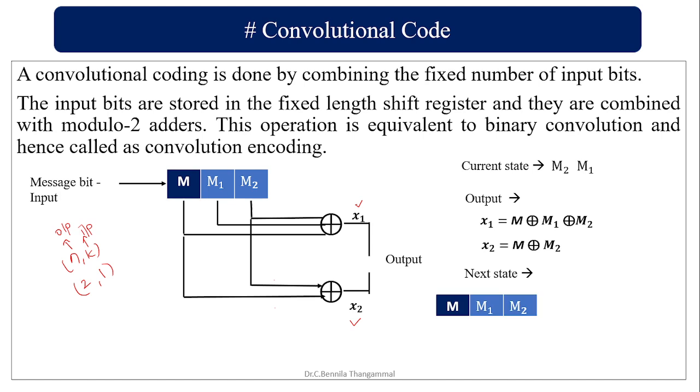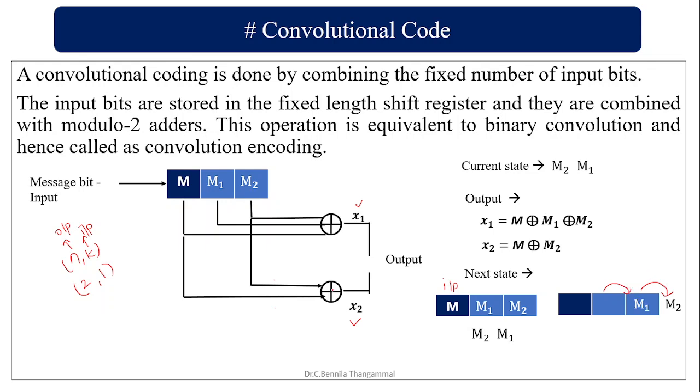Here M is your input, and M1 and M2 are the current state. If you perform a shifting operation, first M2 will go out, making space for M1. M1 moves to that place.